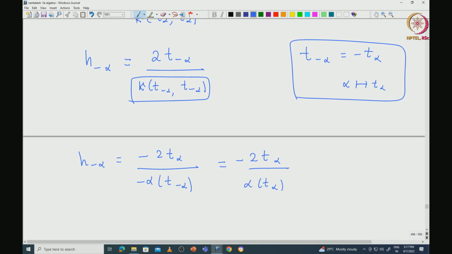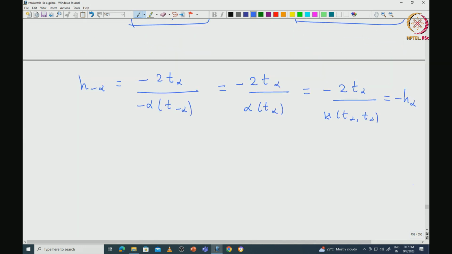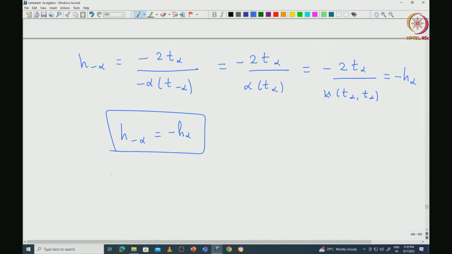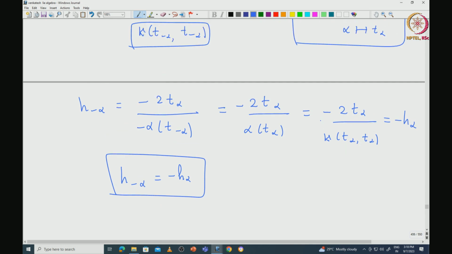There is another minus, so this is exactly equal to minus twice t alpha divided by kappa of t alpha comma t alpha, which is exactly minus h alpha. This proves that h also behaves nicely with taking negatives: h of minus alpha must be equal to minus h alpha. All these facts will be used in order to prove more properties of this root system.